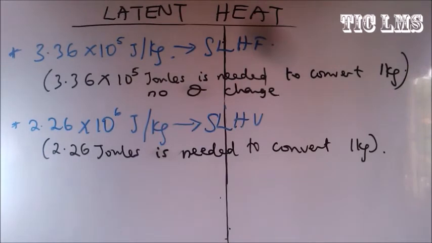Having the specific latent heat of vaporization of water to be 2.26 times 10 raised to the power 6 joules per kilogram means that 2.26 times 10 raised to the power 6 joules of heat is needed to convert 1 kilogram of water into vapor without a temperature change.